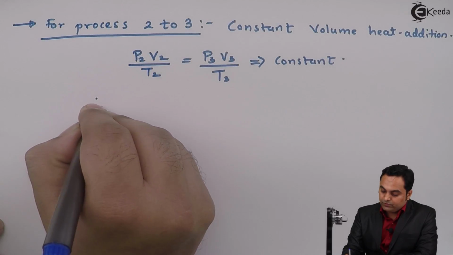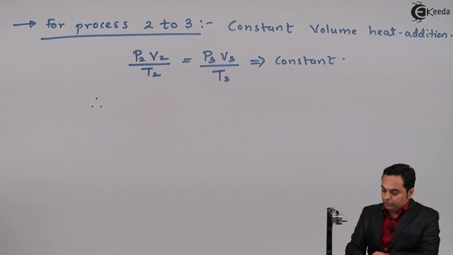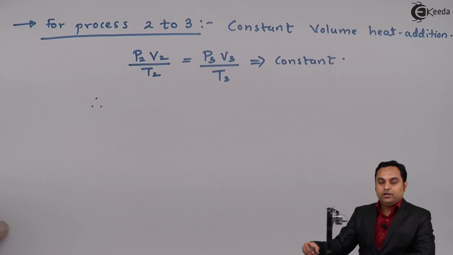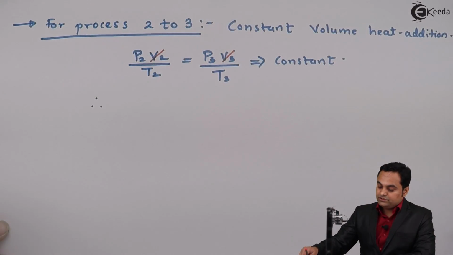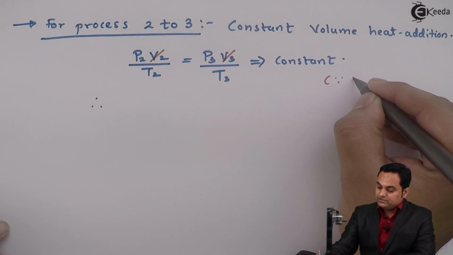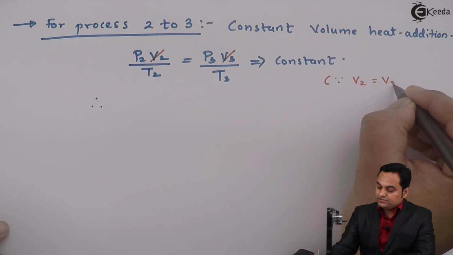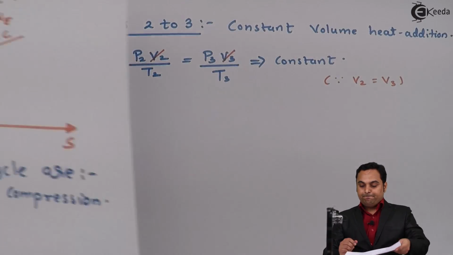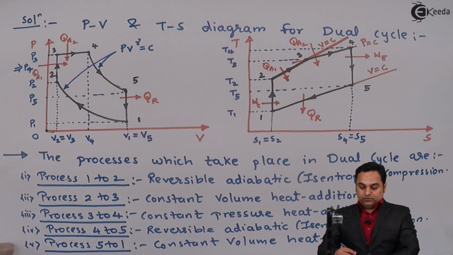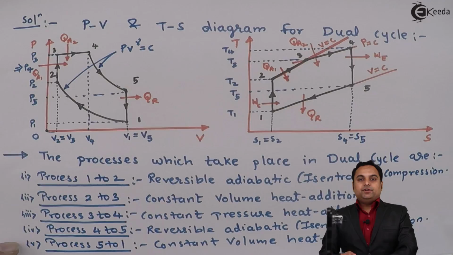Now therefore, since it is a constant volume heat addition process from 2 to 3, V2 and V3 will get cancelled out from both sides, since the volumes are the same, V2 is equal to V3, and that we can even see on the PV diagram, that the volume at point number 2 and point number 3 are the same.